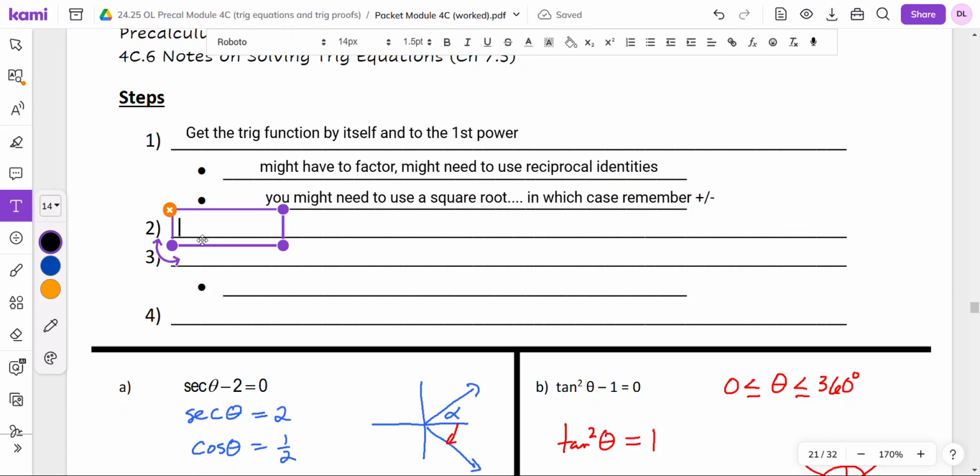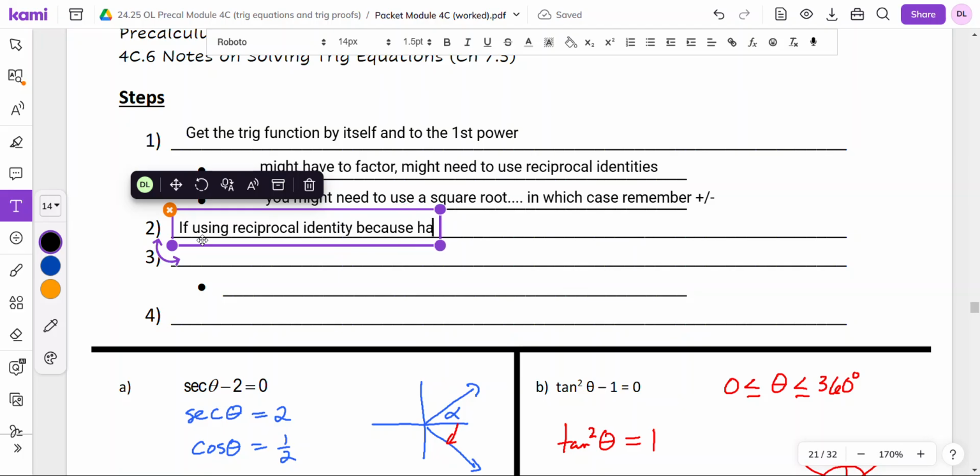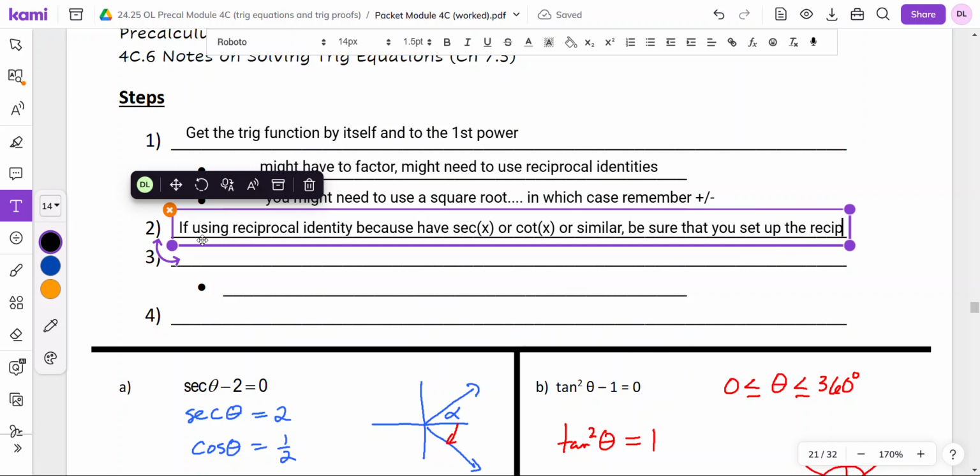So once again, if using a reciprocal identity, because you have secant of x or cotangent of x or similar, be sure that you set up the reciprocal correctly.